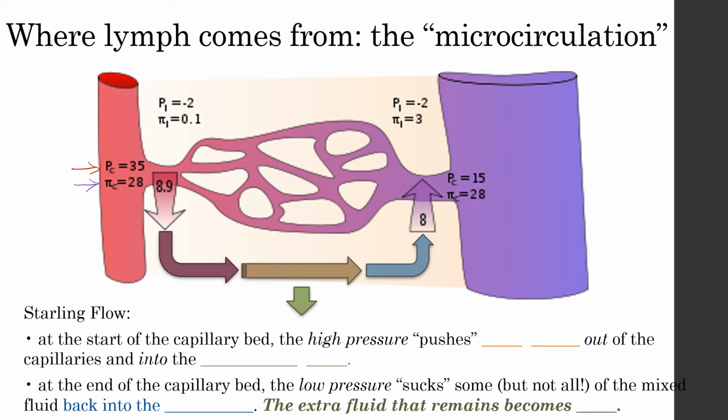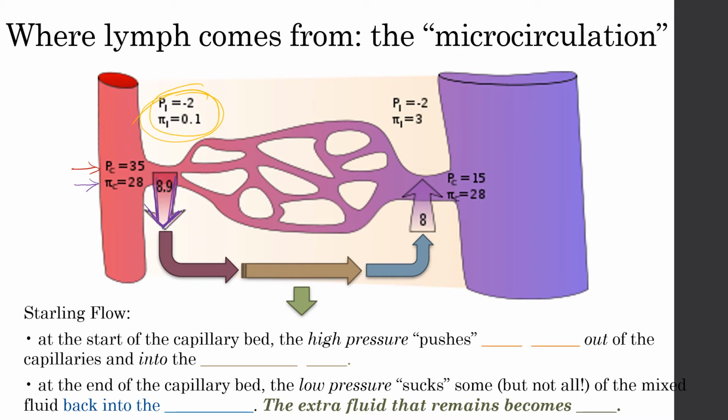We have this arrow here driving about 9 millimeters worth of pressure out of the blood. That's also taking into account the pressures in the interstitial fluid itself. So 35 minus 28 is not actually 9, in case you did the math, so it also takes these numbers into account.